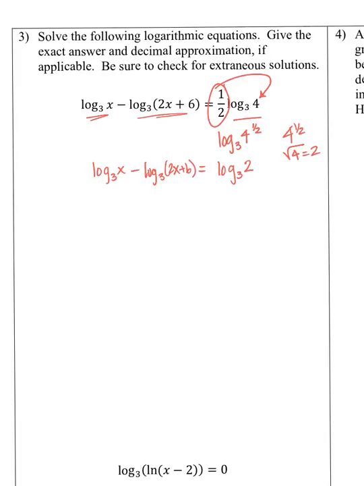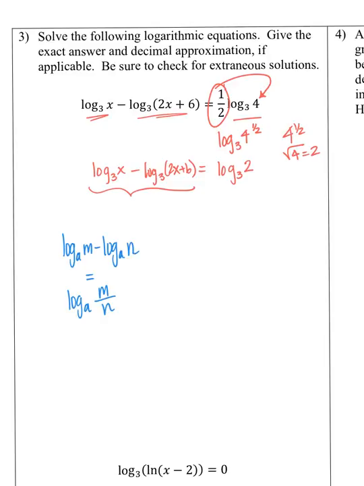So now that I have all logs on the left side like that, I could just combine those using our properties of log that says if we have log base a of m minus log base a of n, we can rewrite this as log base a of m over n.